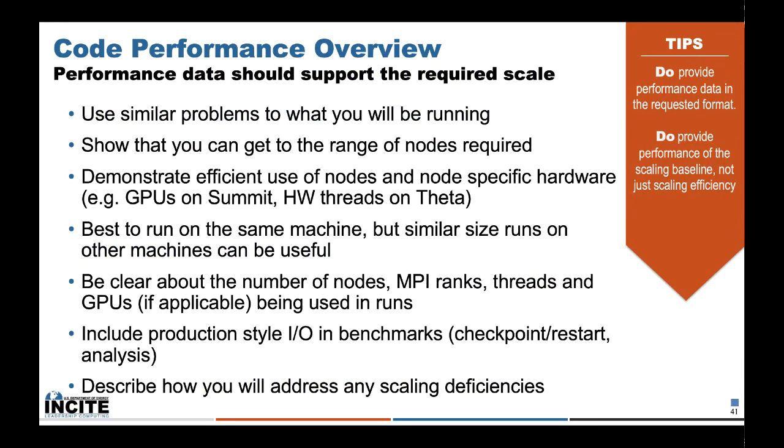Most of the time you include it, or if you don't include it, just make sure that it's clear that it's not included. And also describe the sources of any performance or scaling deficiencies and how your project plans to address them before the INCITE is awarded or during the INCITE years that you are granted. Next, please.